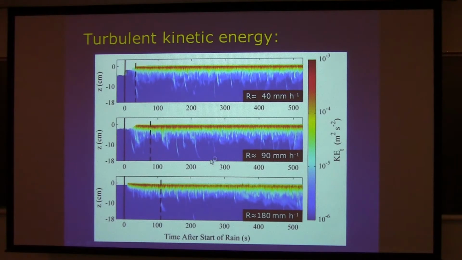The behavior at 180 millimeters per hour is markedly different. The turbulence layer near the surface is not nearly as high, comparatively, because they're all on the same scale in this case, compared to 90 or 40 millimeters per hour. And there's a drastic difference when it comes to that intermittent behavior. There isn't any.